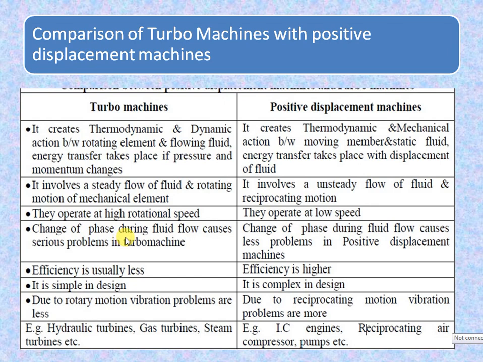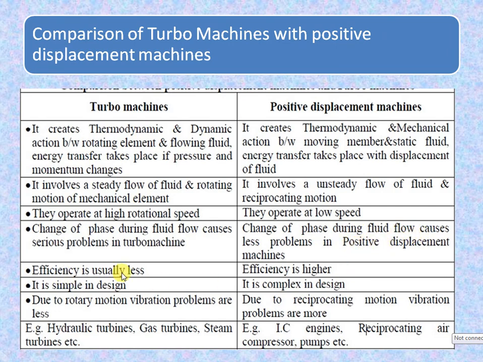Change of phase during fluid flow causes serious problems in a turbo machine. For example, in a steam turbine, if the steam is condensed, it causes a serious problem. But in a positive displacement machine, change of phase during fluid flow causes less problem.